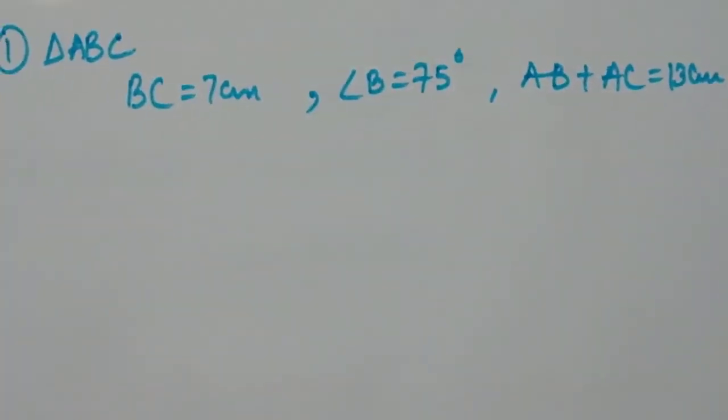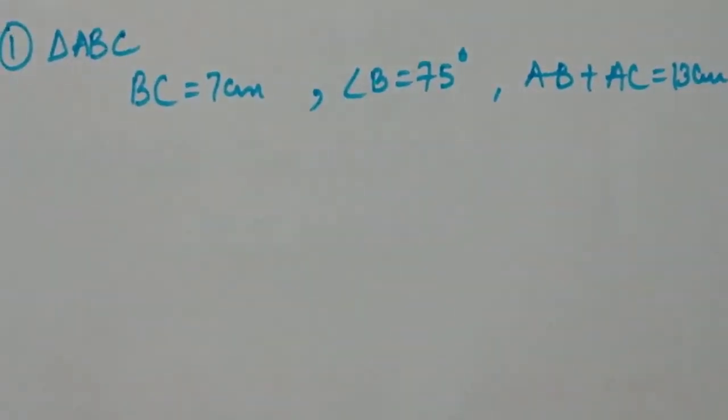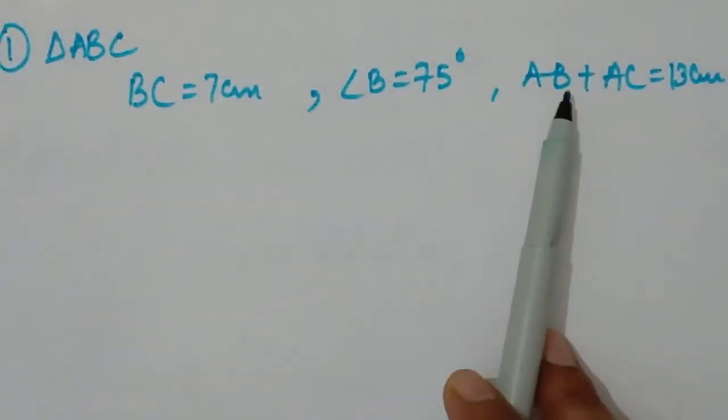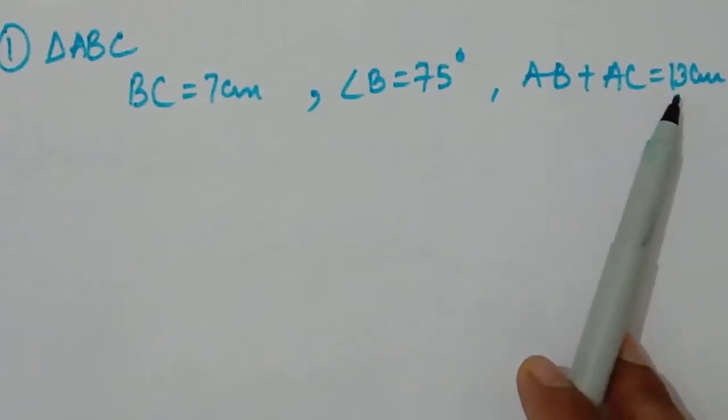This is an example, and it is the first question of exercise 11.2. So now we will learn how to draw this type of triangle if one base angle and the sum of the other two sides are given.